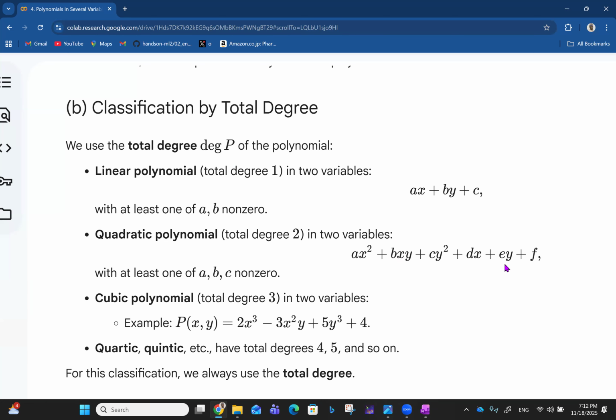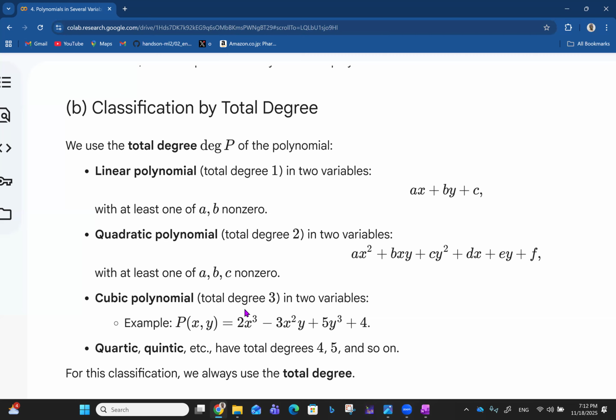And here x^0 y^1, the degree is 1. And here x^0 y^0, the degree is 0. With at least one of a, b, and c being non-zero. So this is a quadratic polynomial because the highest total degree is 2.